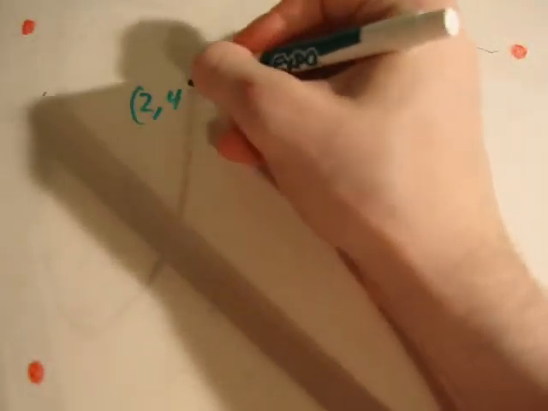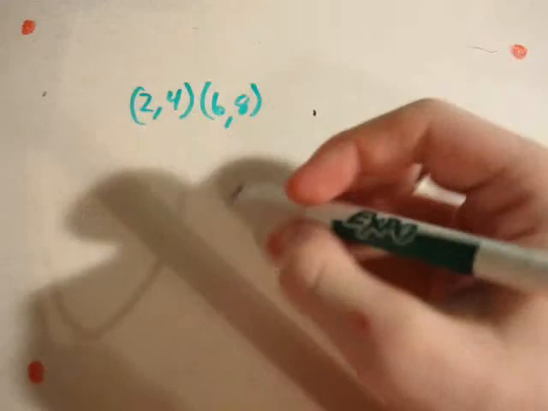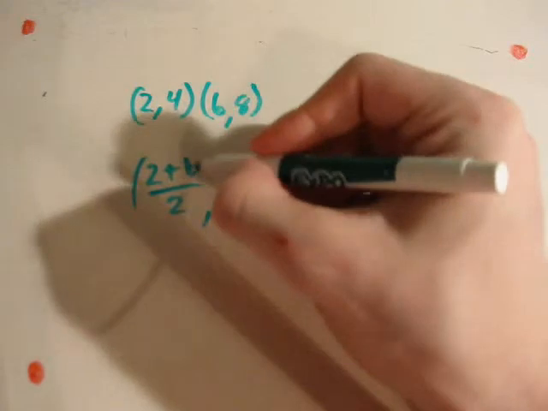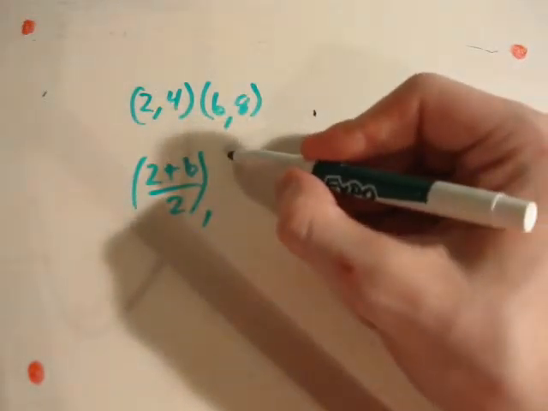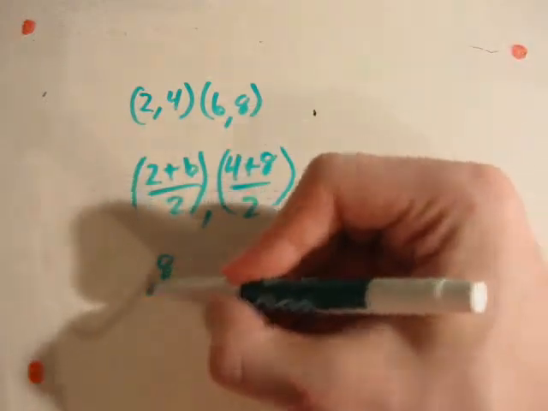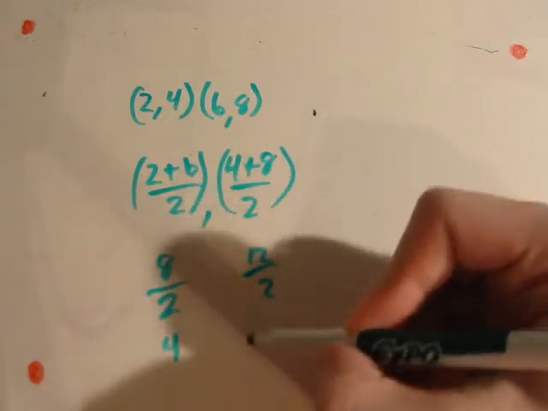Let's try a little bit more of a friendly problem. Let's say 2, 4, and 6, 8. 2 and 6 over 2, and 4 plus 8 over 2. 8 over 2, which is 4. 12 over 2, which is 6.